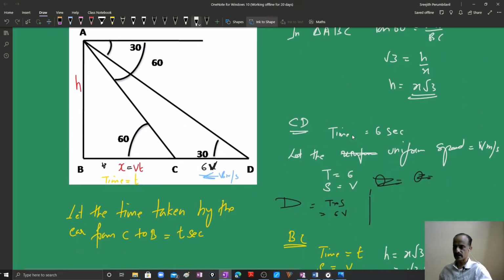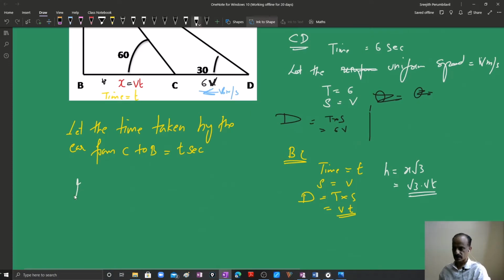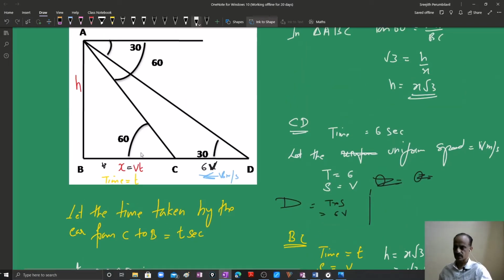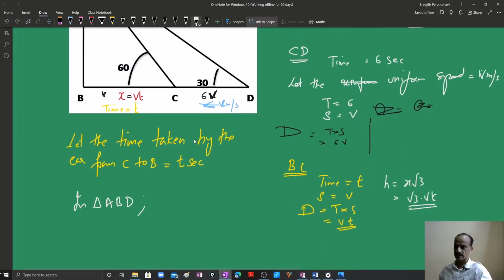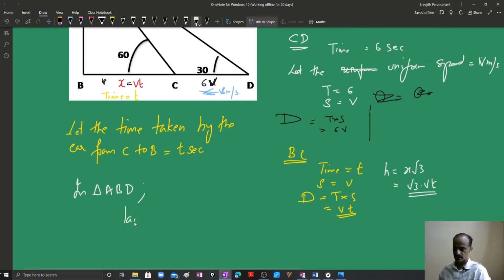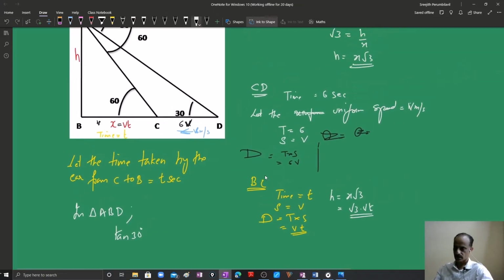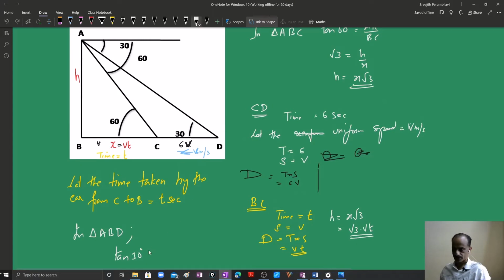Which is the larger triangle ABD. In triangle ABD, it's a little tough question. Tan 30 degree is the opposite side AB divided by BD.